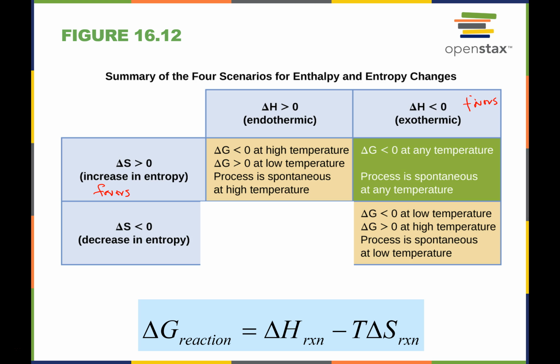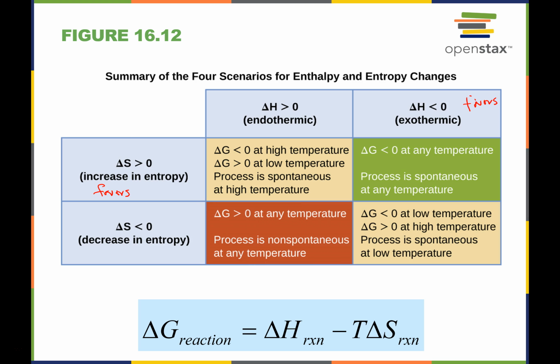And then what's this last one? No, it's not happening at all. Quite cool, we got the whole color coding, red. If you are taking in energy, endothermic, and you're also making something more ordered, putting matter together, it's not going to be spontaneous.